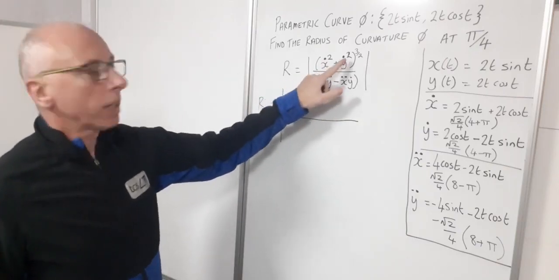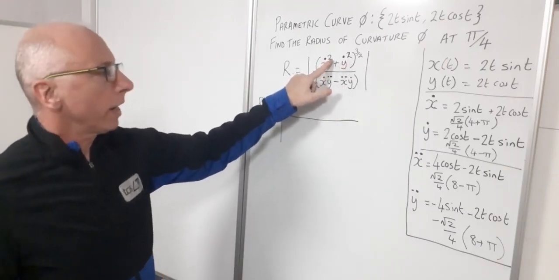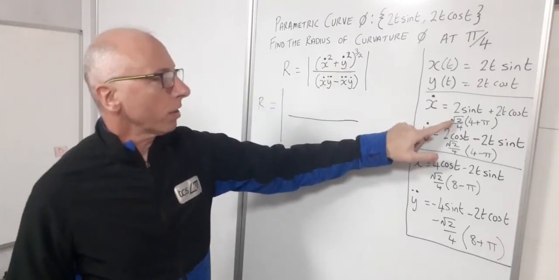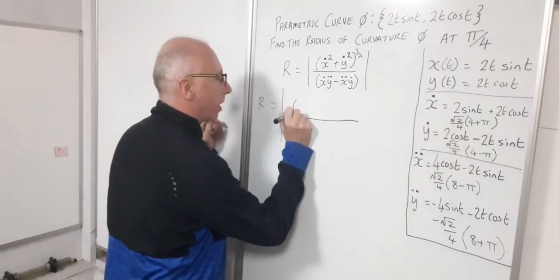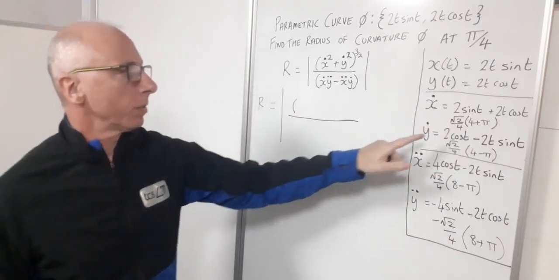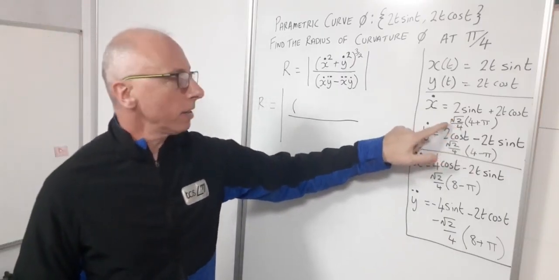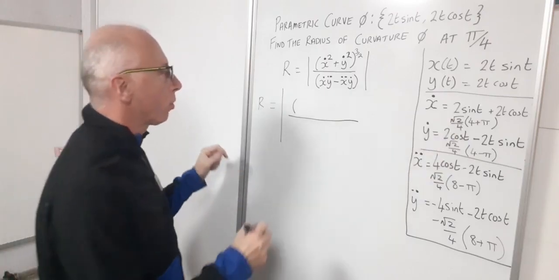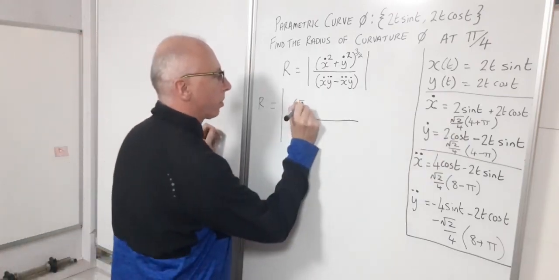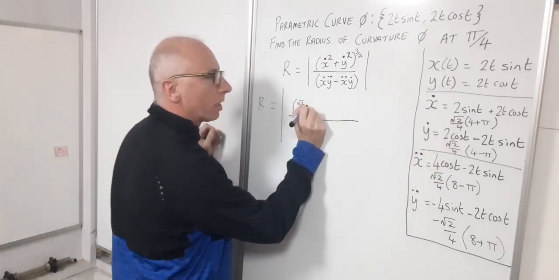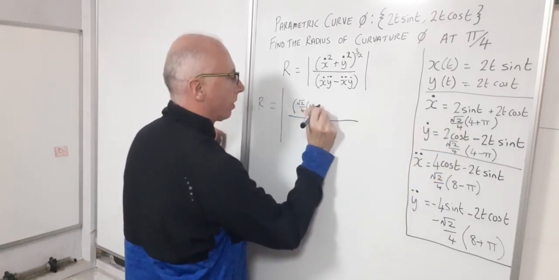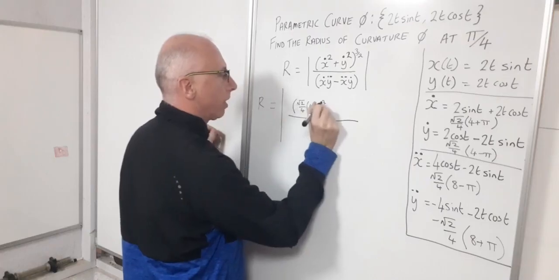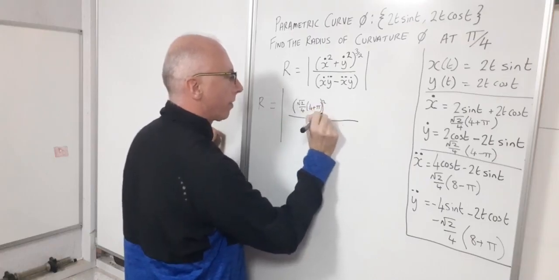So starting with the numerator, we've got x dot squared. Now we've got x dot calculated here, so we need to square that. So what does that come to? Well, if we square this, we've got root 2 over 4 squared and 4 plus pi squared. So that's all squared there.